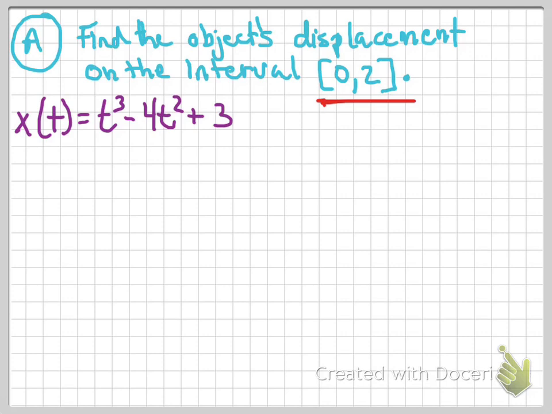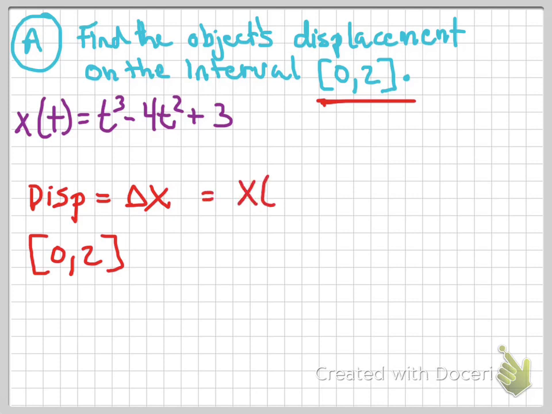And so I know that displacement is denoted as the change in x, delta x. And I want to find the change on an interval from 0 to 2. So what I really want to do is find x of 2 minus x of 0. That means what's the position of the object at 2 seconds and 0 seconds, and we'll subtract it.